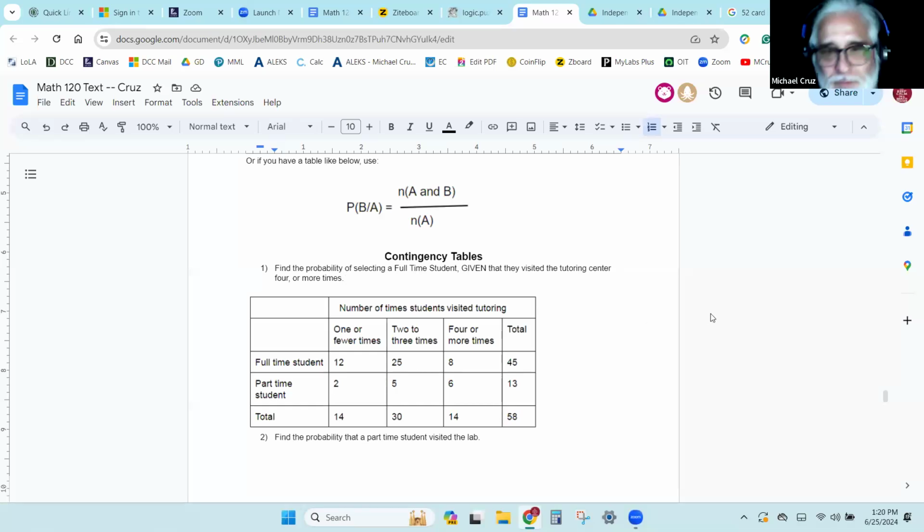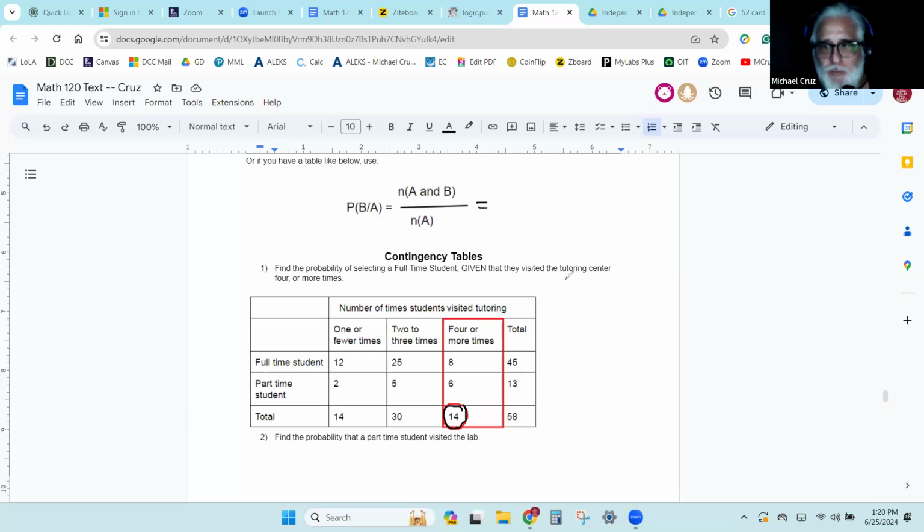Now, what I did before, and Tori, you reminded me of it, is the given now is 4 or more times. So that's what we're looking at, and then we're looking at that total. That's the total that we need right there. That's our denominator.